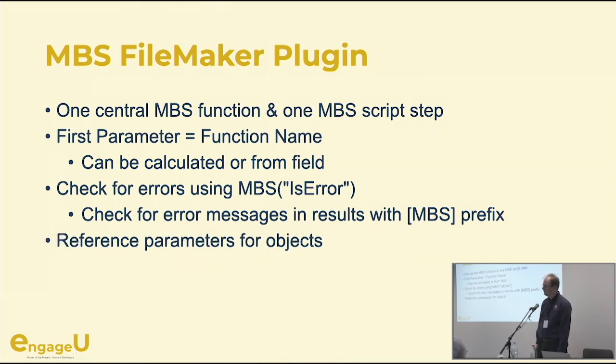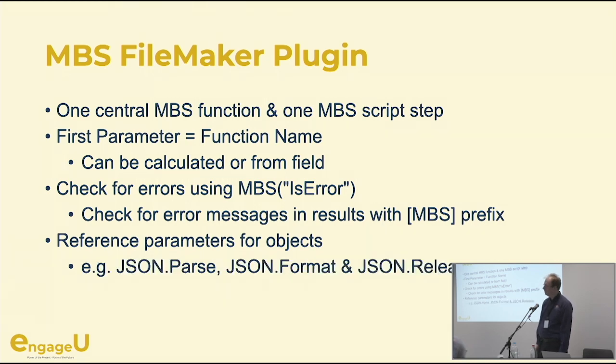Some functions take reference parameters. For example, if you call JSON parse, you pass in your JSON, and you get back an ID. This ID refers to the JSON object in memory. Then you can make maybe 20 calls to various JSON functions to work on this JSON object. We don't need to parse the same JSON text again and again, which would slow it down a lot.